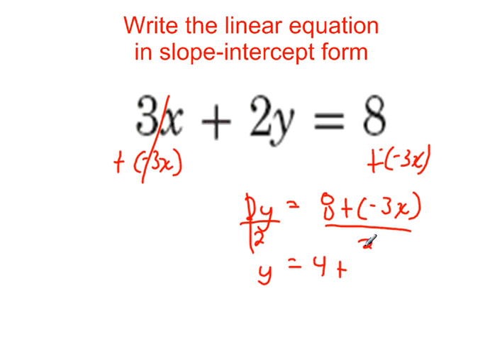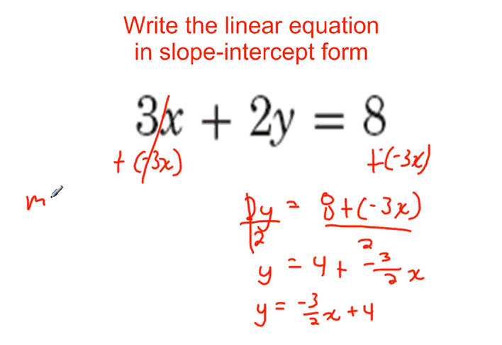Now, when we do this, we don't want to change it into a mixed number or a decimal. So we're going to keep it as the improper fraction, negative 3 over 2x. And then we're going to rewrite that so our slope goes first. So it's going to be negative 3 over 2x plus 4.